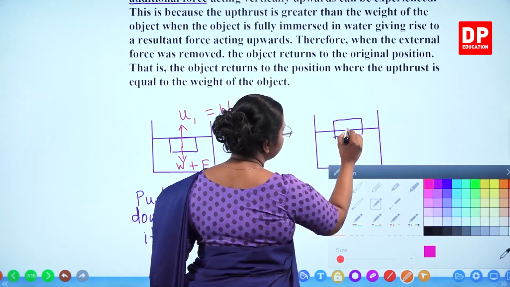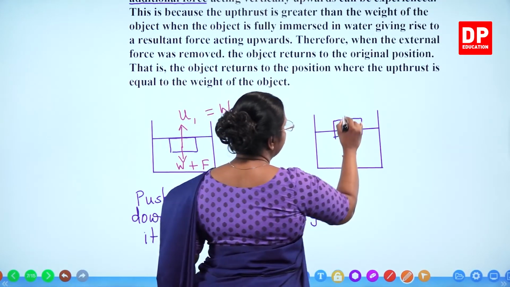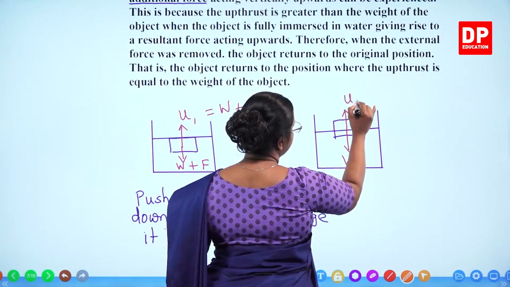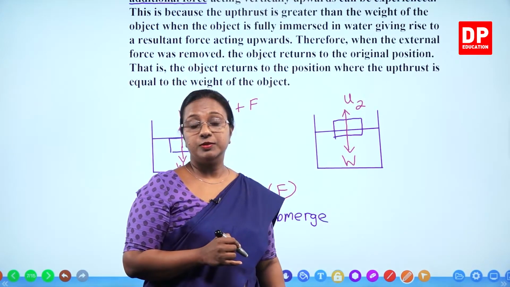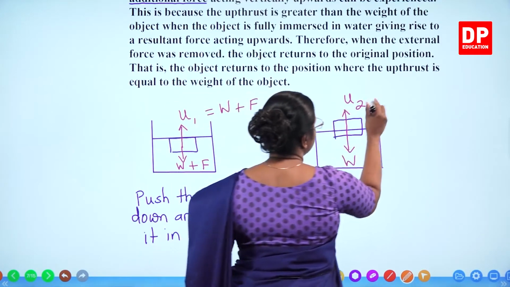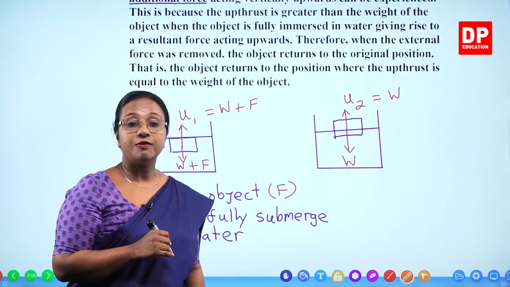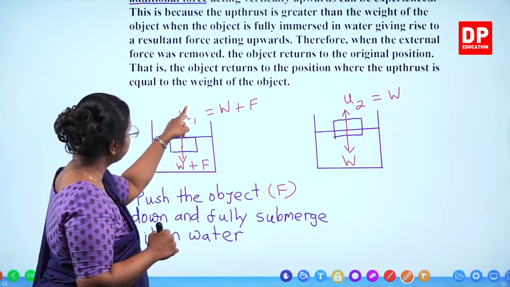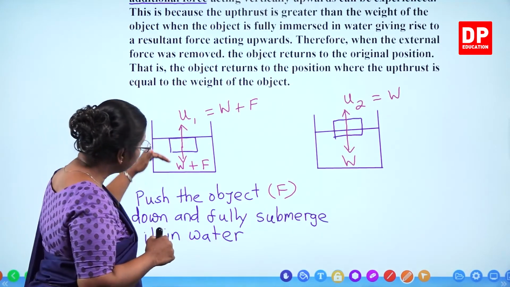Now we are not exerting the downward force, only the weight, and there is the upthrust. I will put it as U2. Here also there is equilibrium. The object is still in equilibrium. That means U2 is only equal to W, weight of the object. Here the upthrust was equal to weight plus the external force. That's why it goes down.